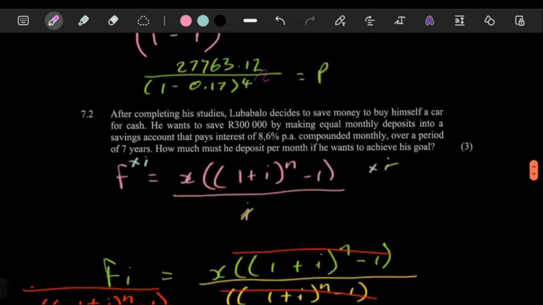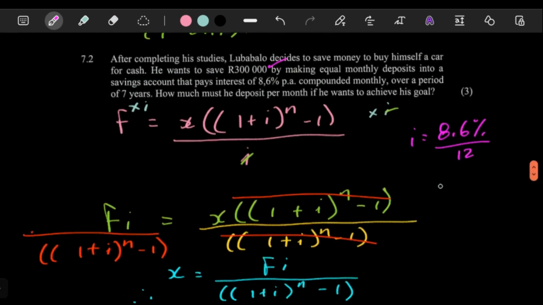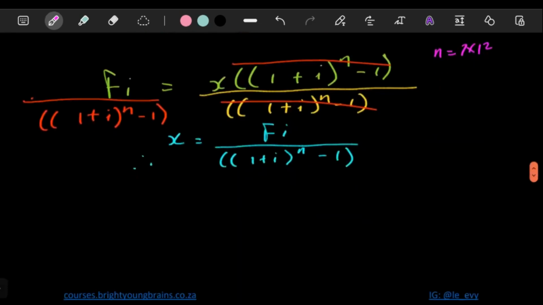So our F value is 300,000. That's the amount we are looking for at the end of the day. Because our interest is compounded monthly, our value of i has to be 8.6% divided by 12. It's over 7 years, so n is going to be 7 times 12. So that's basically the two key things we need to keep in mind. The rest is straightforward.